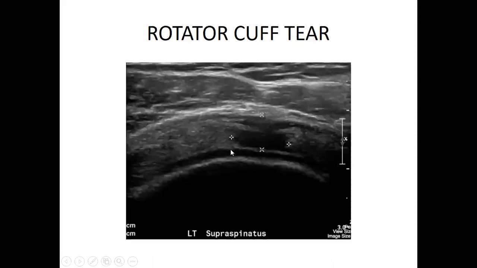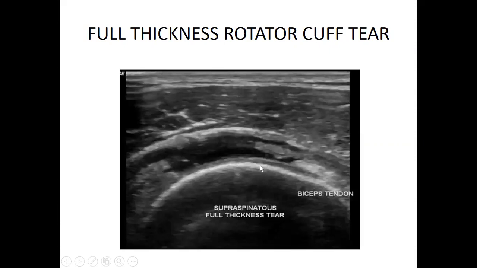If you don't know exactly what is going on here, you may think there's something else, but this is a full thickness tear in the sense that you can't see that nice echogenic striation of the supraspinatus tendon. It's gone. Then coming this side, remember you've got the biceps tendon, which is extending towards the supraspinatus.